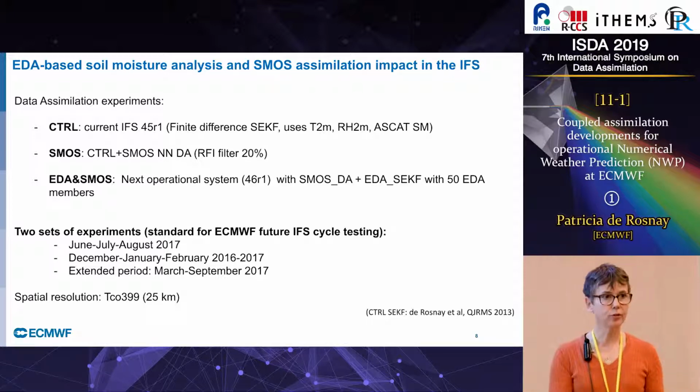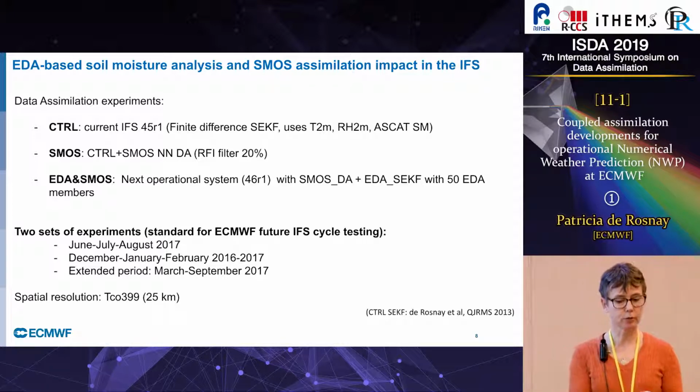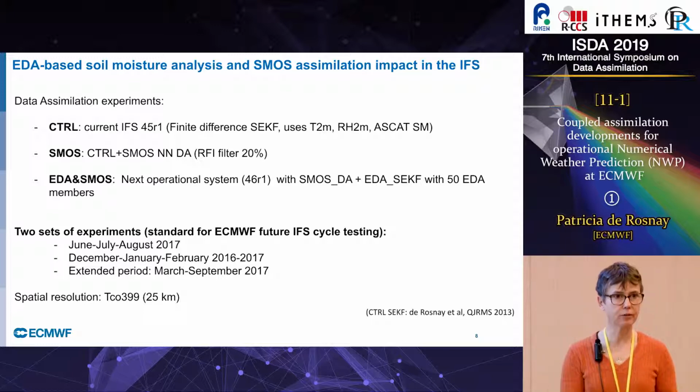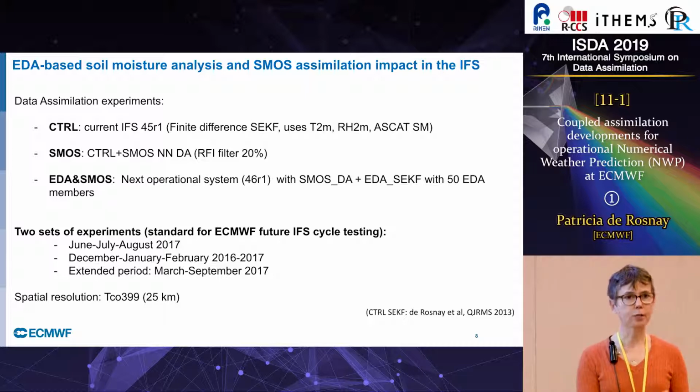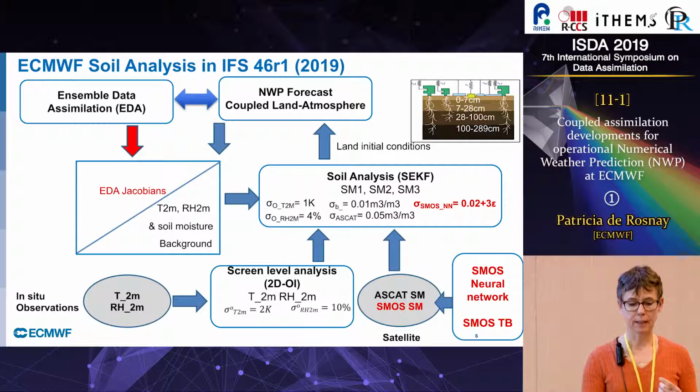So based on this new development, we have a control experiment, which is using the current system, weakly coupled assimilation, with IFS cycle 45R1, where we are computing the Jacobians in finite difference. I didn't explain this on the slide. In the current operational system, we don't yet use the EDA to compute the Jacobians.